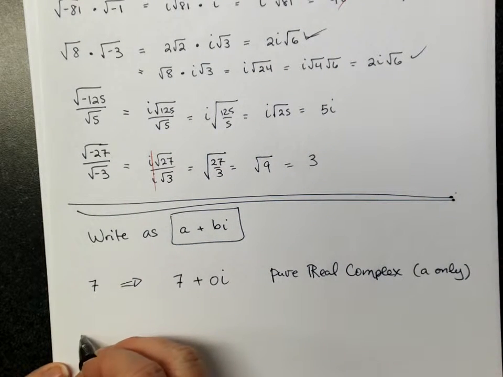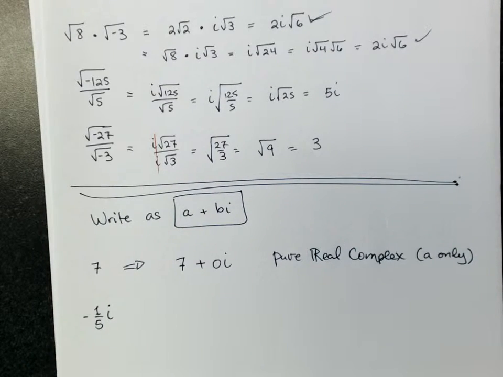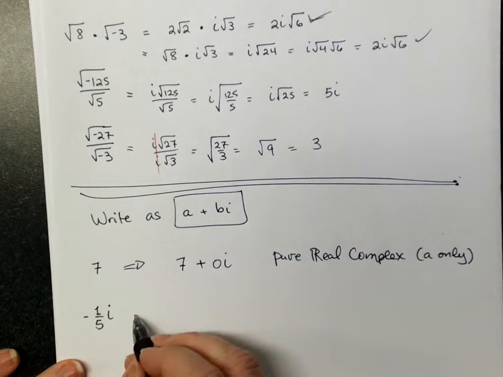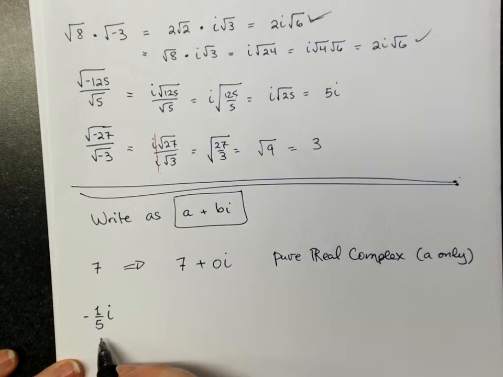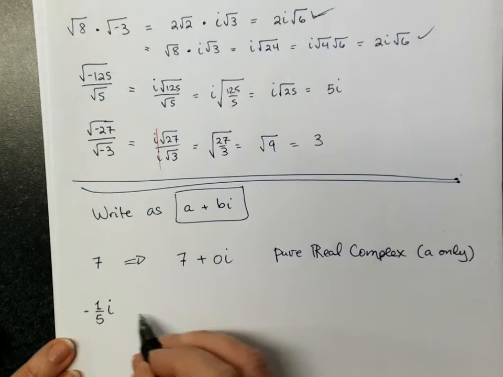Well, if you had, say, -1/5 I. Is that a pure real, a pure imaginary, or a complex, non-real? Do you have an A? Yes. What's the A? 0. 0, exactly.